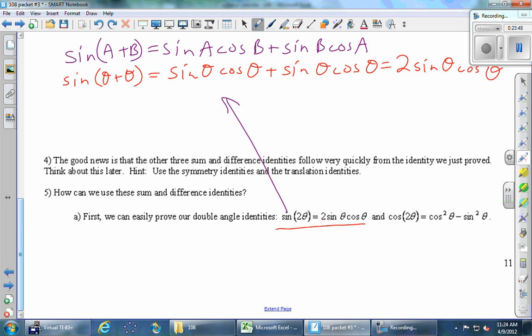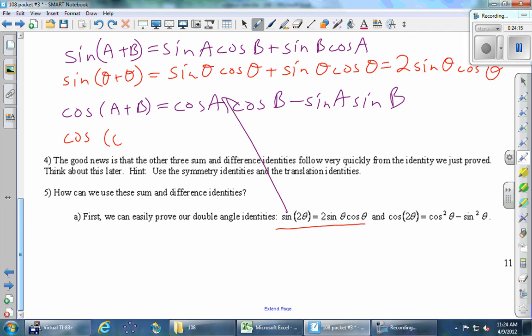Let's try this cosine one. This is one that's on the previous page. So we're kind of believing that one. How do I build a cosine of 2 theta from that formula? Make it theta plus theta again.